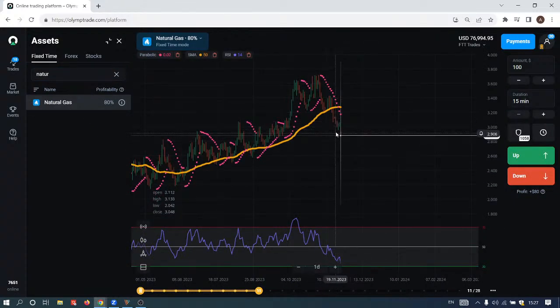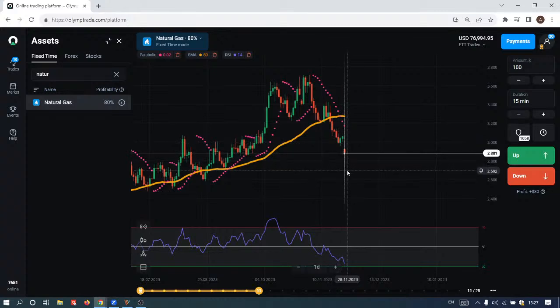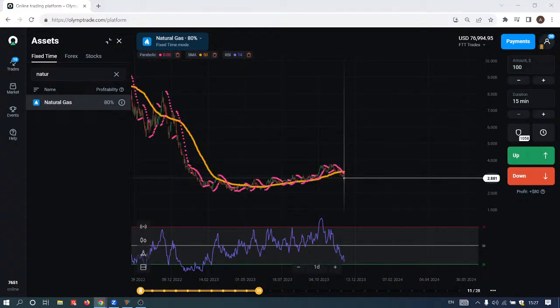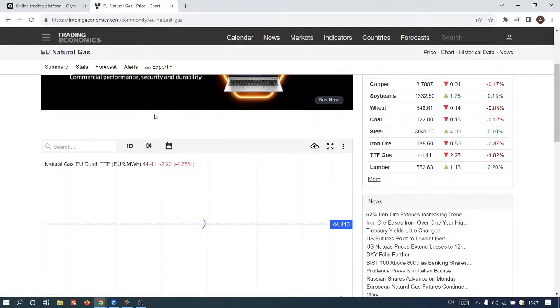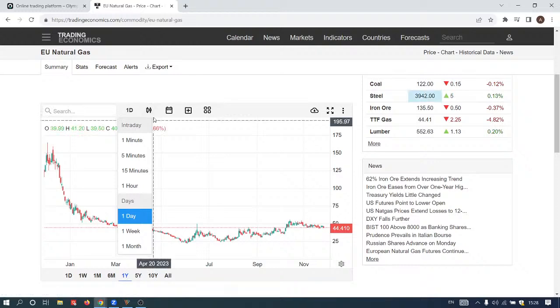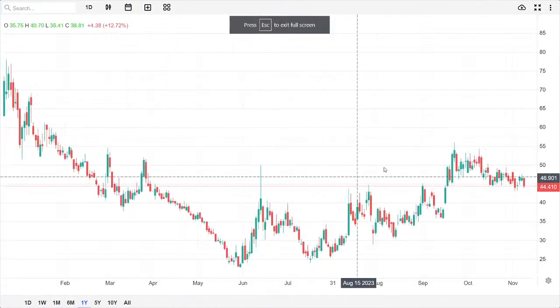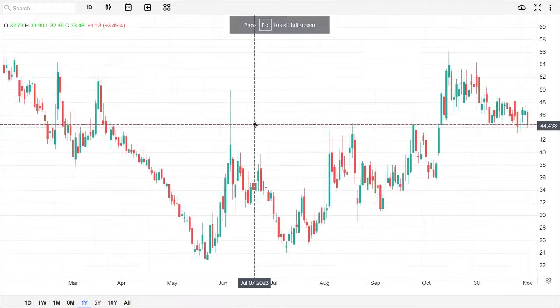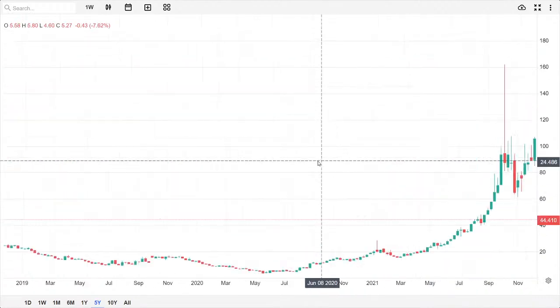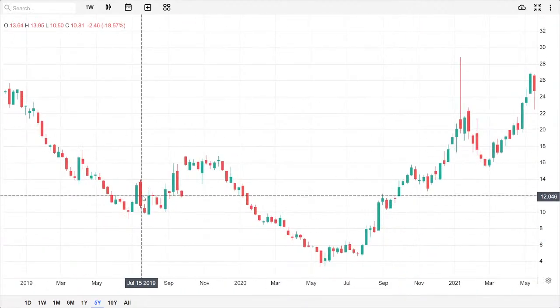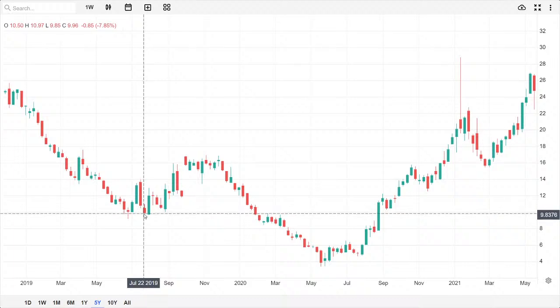okay, gas prices are dropping in the United States, but in Europe we need to look at another chart. They still remain pretty high, despite the current winter becoming a little bit colder in Europe, they still have not really gone up. On daily, it doesn't look too bad, but if you look at it on a monthly chart, you're going to notice that previously gas prices in Europe used to fluctuate around 10 euros per megawatt, I think that's the denomination.